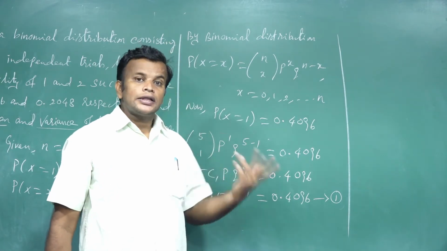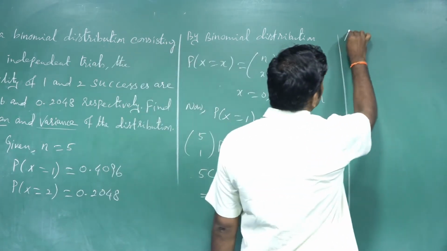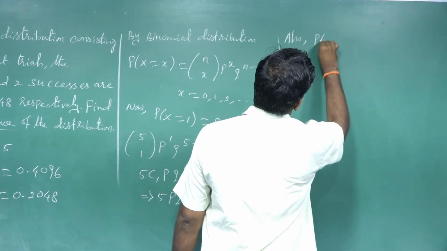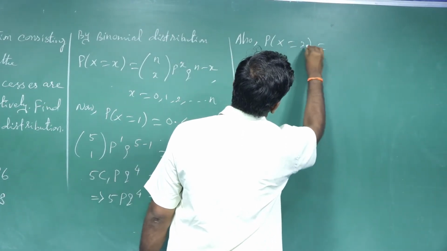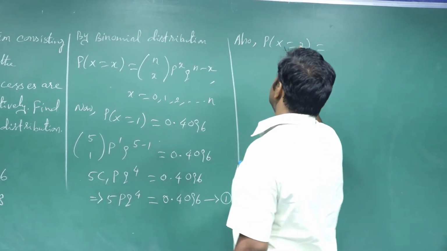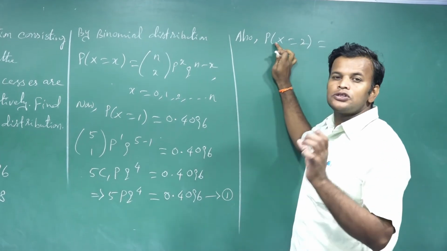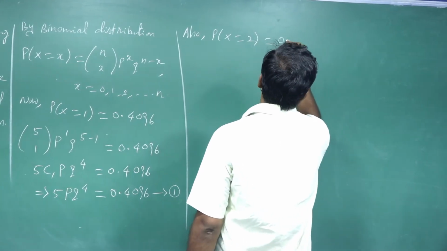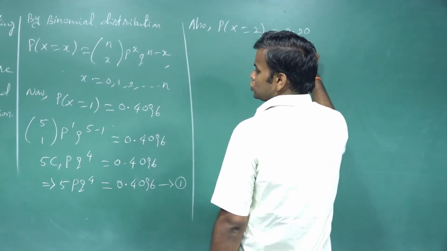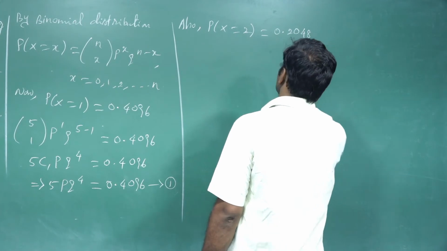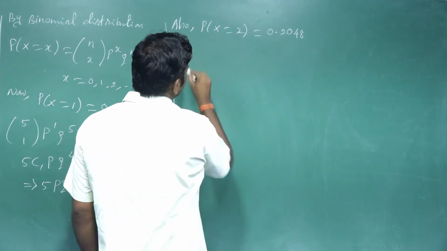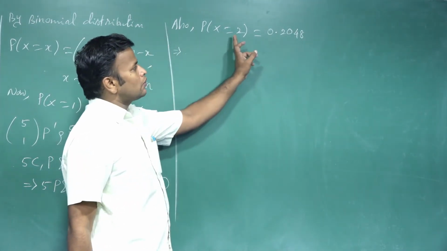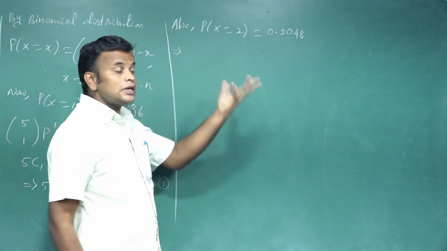Now we use the other one. The other one is also given. Also P of x is equal to 2. When the random variable x is 2, the probability value is also given: 0.2048. Here also we are using the formula. The binomial distribution formula starts from NCx.